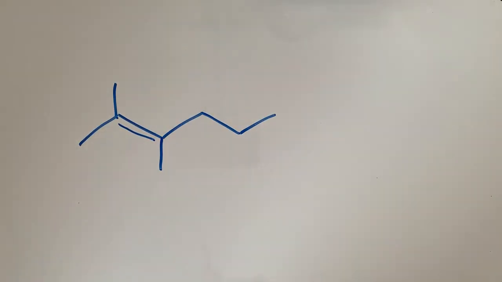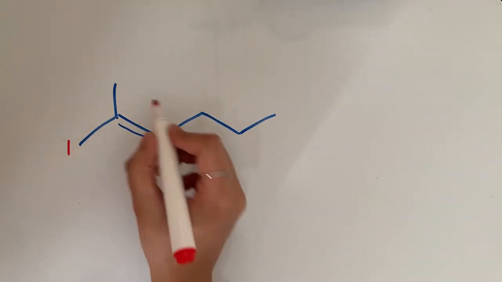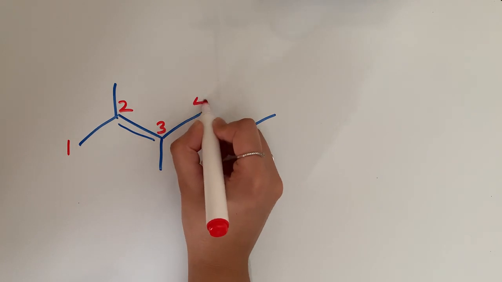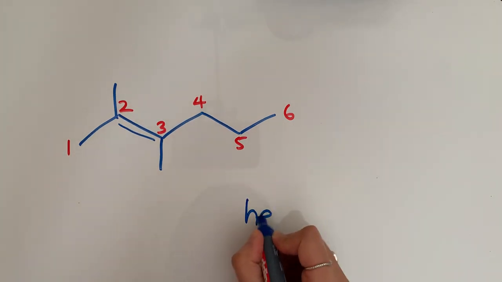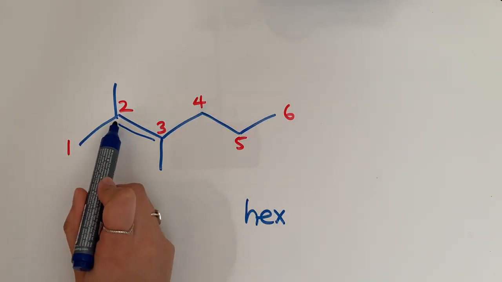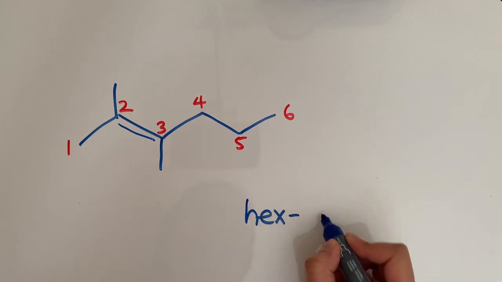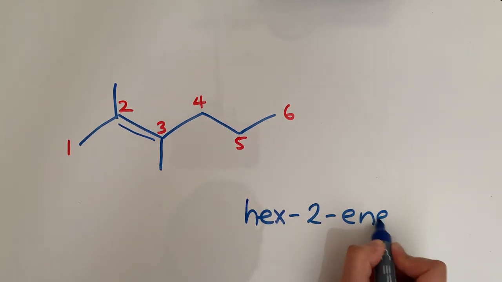Like so. Okay, so again, the longest carbon chain in this case is the one going across through the molecule. We want the double bond to be on the smallest number carbon, so I start numbering from here. This molecule has 6 carbons, so it's going to be hex. The double bond falls between 2 and 3, so this is hex-2-ene.